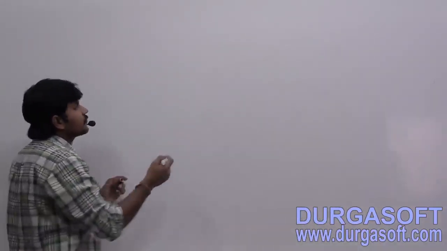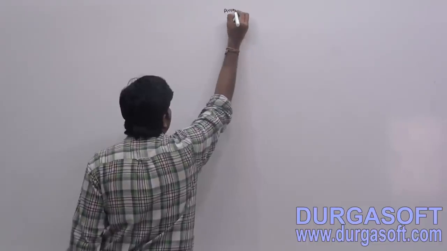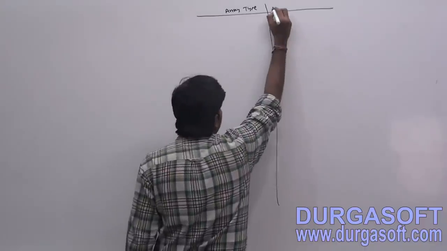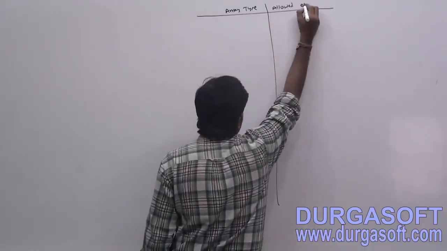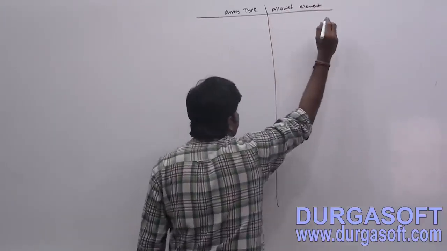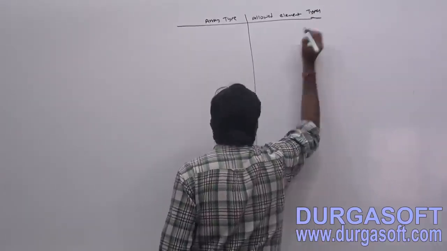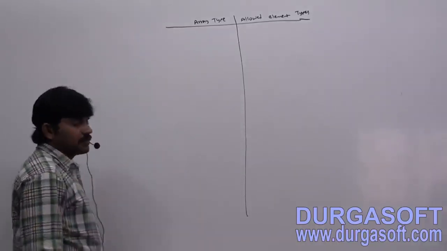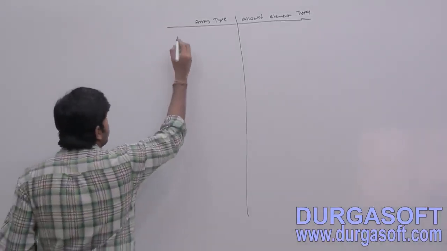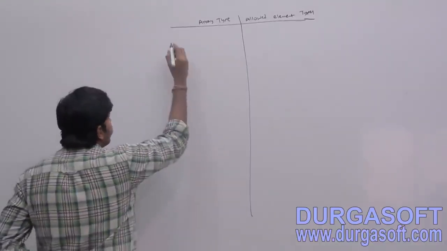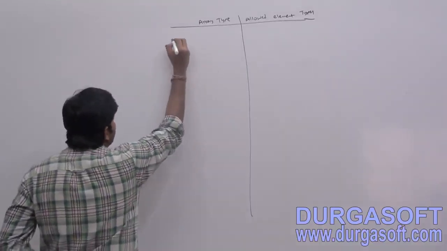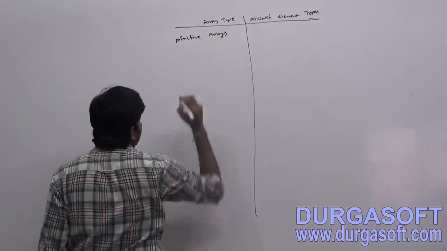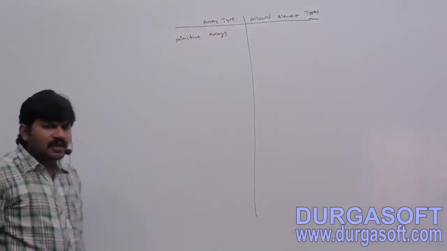Now listen well. Here I am taking array type and allowed element types. Case 1, primitive arrays. Which data type elements are allowed for this array?